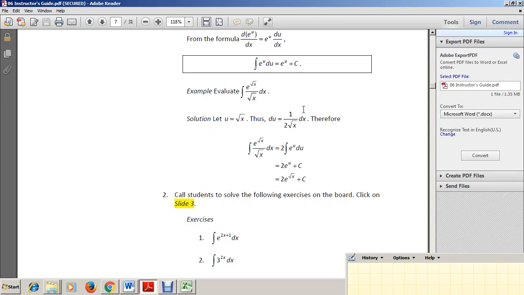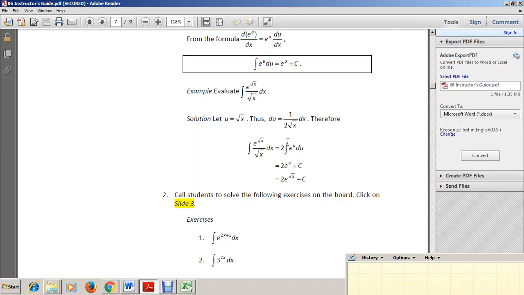So if you write this down, e raised to u times dx over square root of x, which is 2 du, you could take the 2 outside of the integral, so this becomes 2 times the integral of e raised to u du.